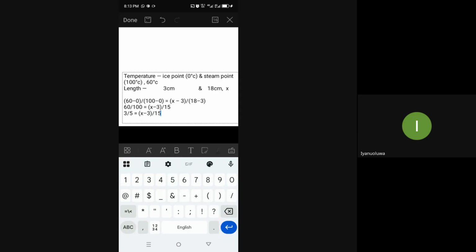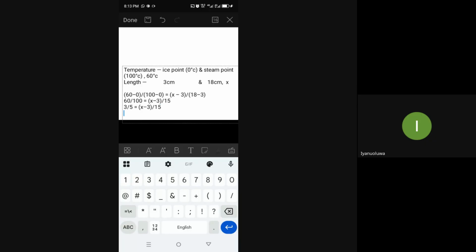So if you cross multiply, okay, you can even divide through, but let me not jump. If you cross multiply, you are going to have 5 times x minus 3 is equal to 15 times 3.